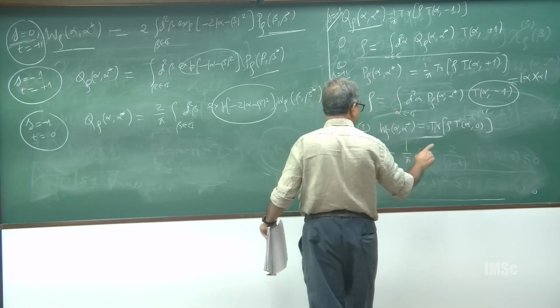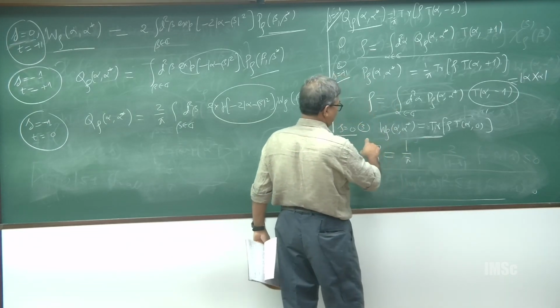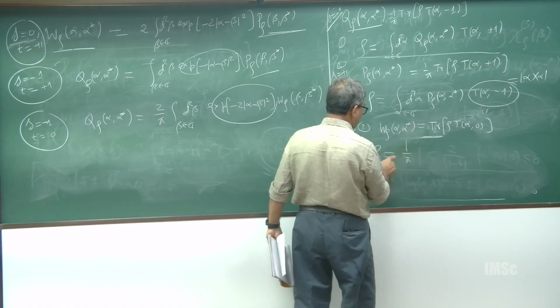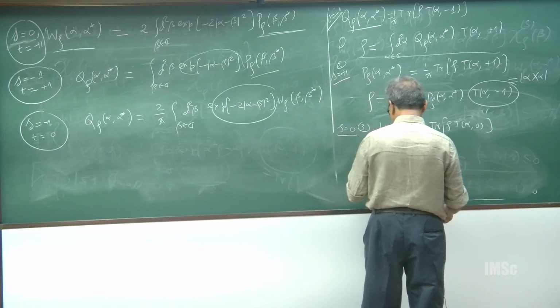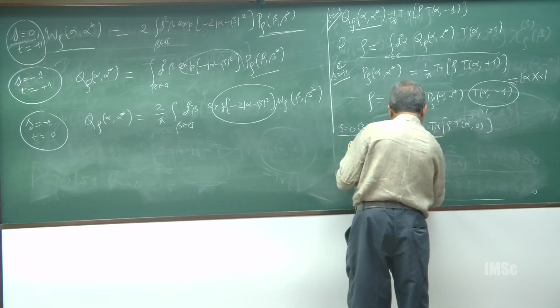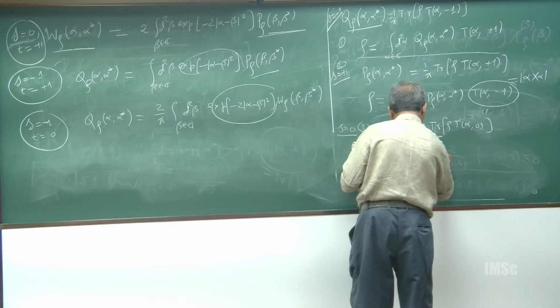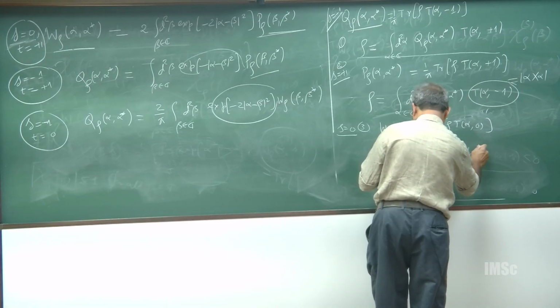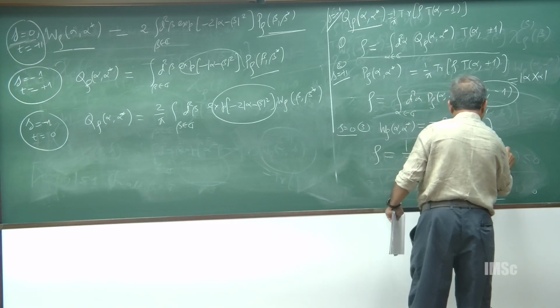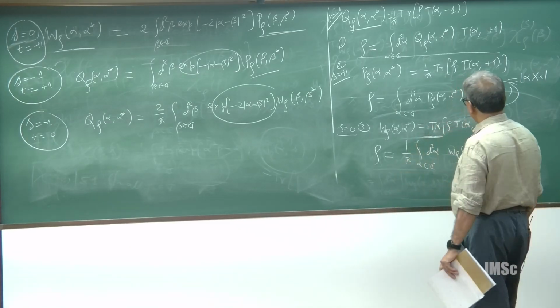So this will get compensated, whether you take the 1 upon pi factor here or here; this is the rule of the game. So this is integral over alpha belonging to C, d square alpha W rho alpha alpha star, then T of alpha 0.